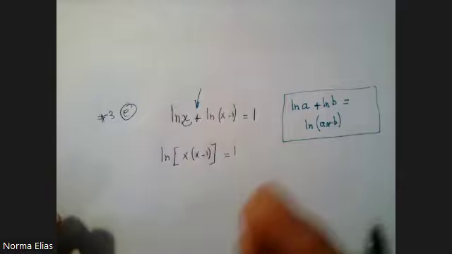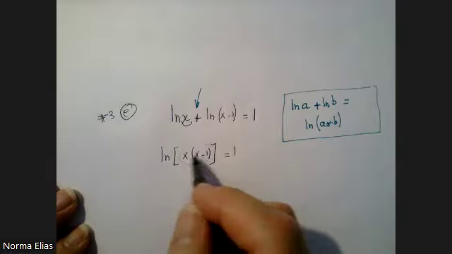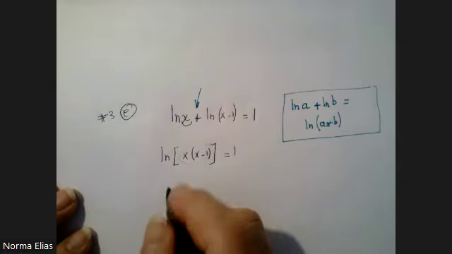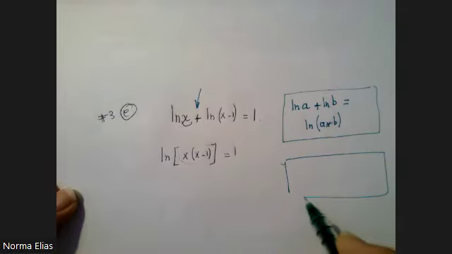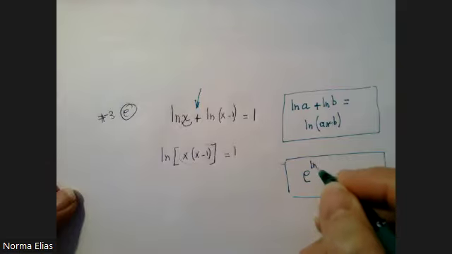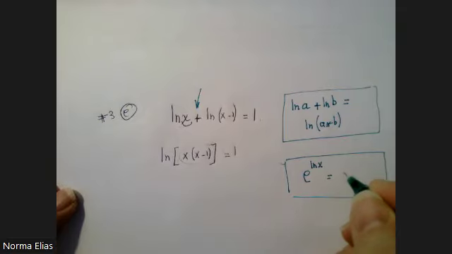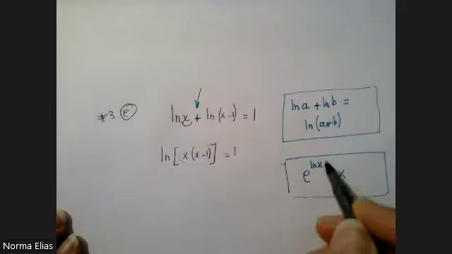Now, once I have that, I need to get the ln out of the picture. I want this inside to be out. So again, now we're going to use the other property of the relationship between e and the ln. e to the ln of x is x back, and that's what we're going to use. So that's a way to get rid of the ln.